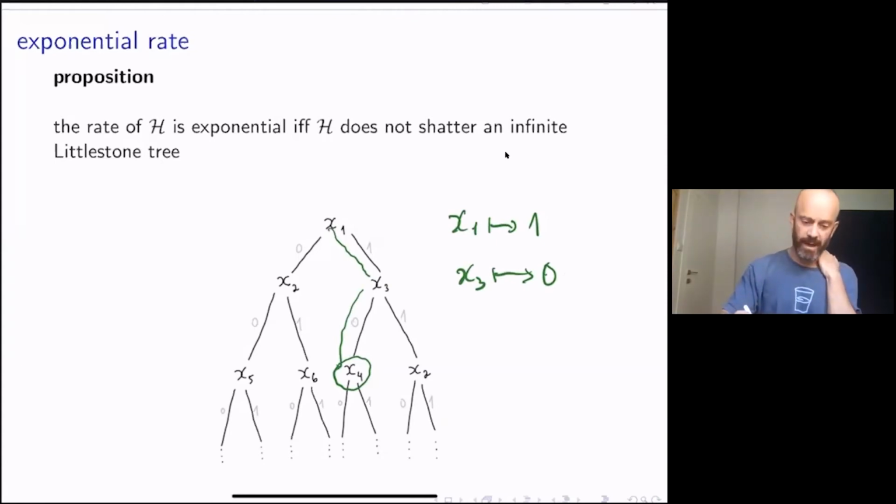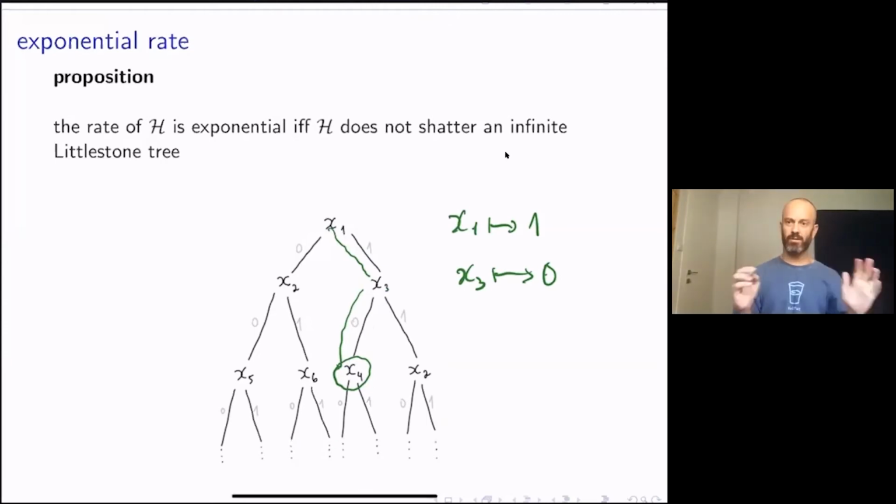And we say that a class H shatters this infinite tree if for every node in this tree, there is a function that can reach it by following the tree. So this means that H shatters an infinite tree if it can reach every single node in the tree, not the leaves.